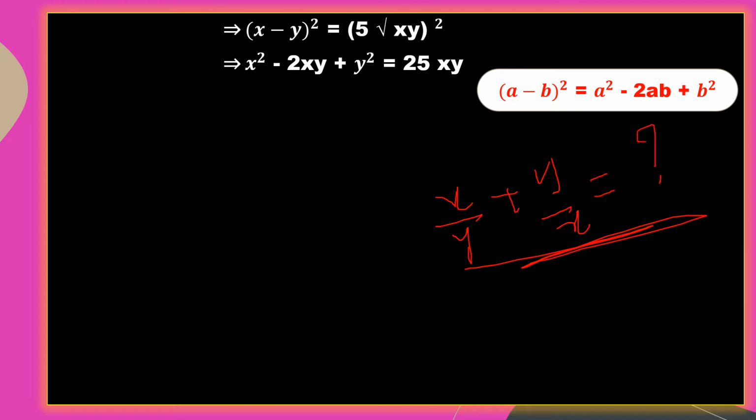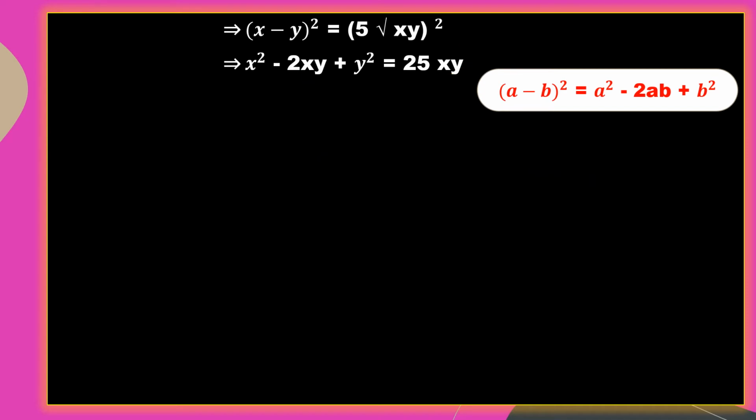So we'll send this xy to the other side, or before sending this, here we have minus 2xy, but our question is x by y plus y by x. Listen carefully. Here the minus 2xy term is there, here x plus y is there.